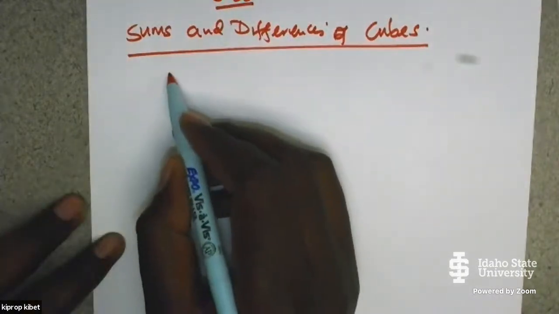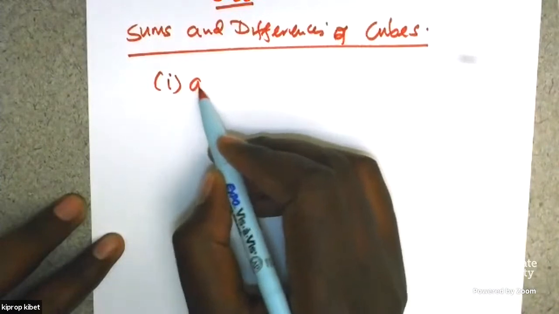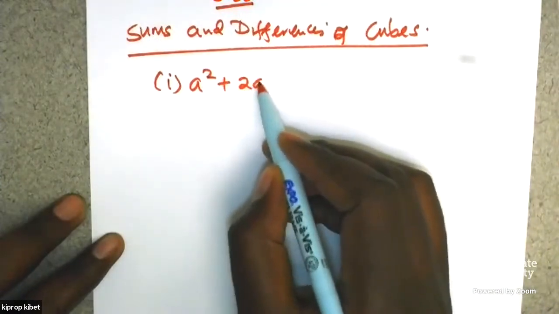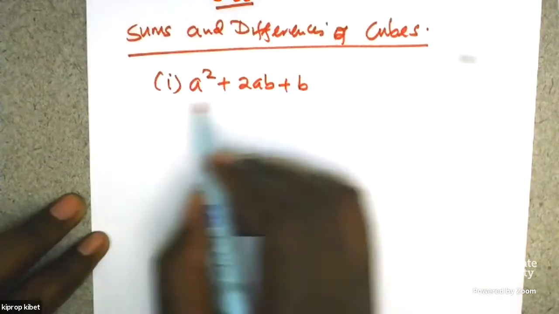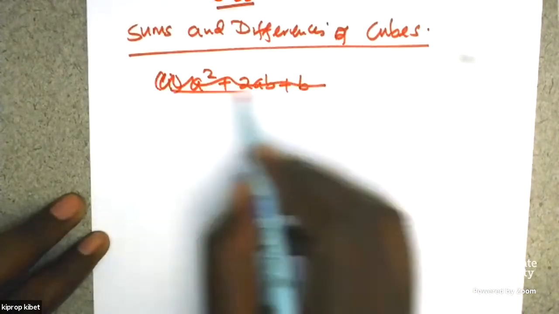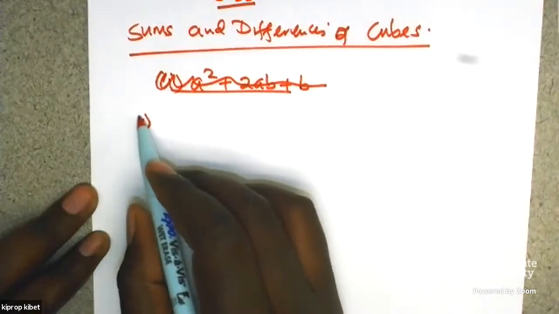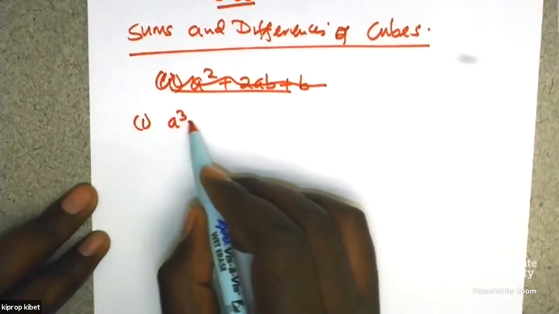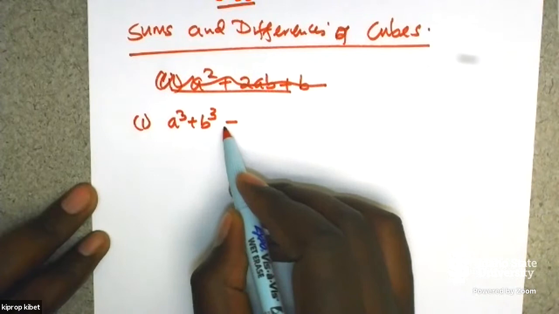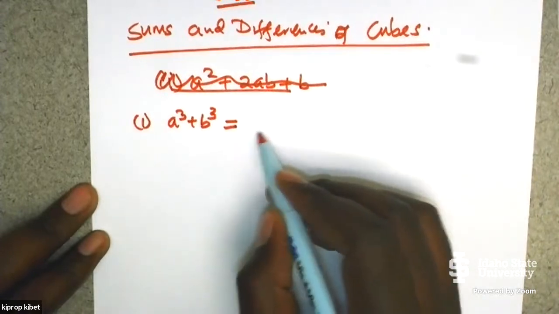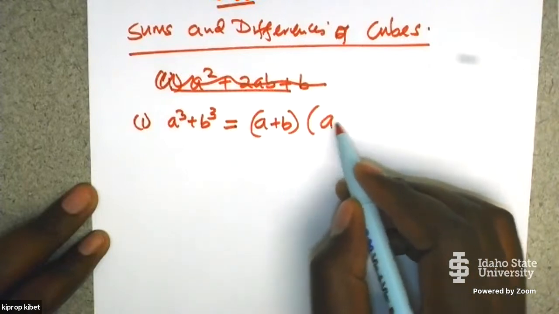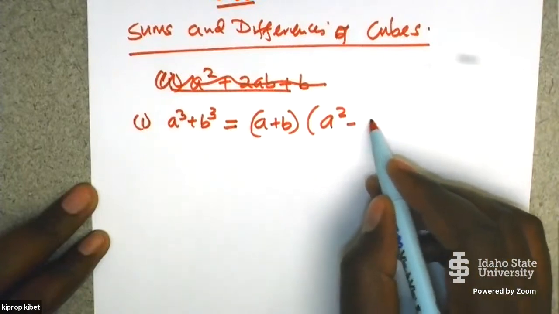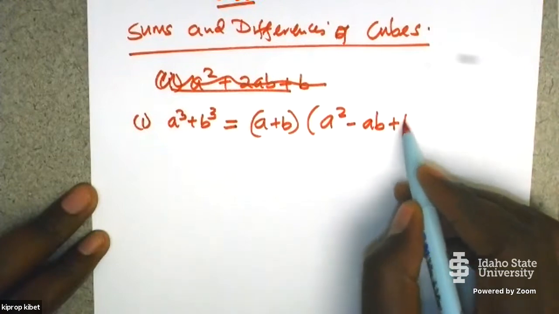Number 1: a cubed plus b cubed is equal to (a plus b)(a squared minus ab plus b squared).